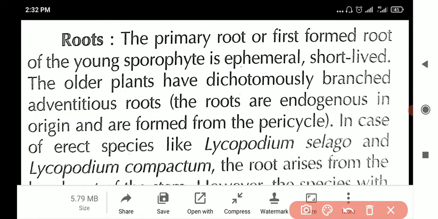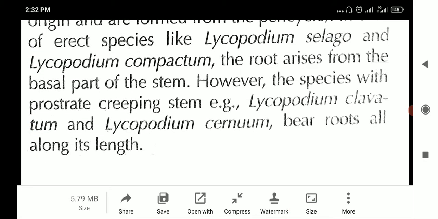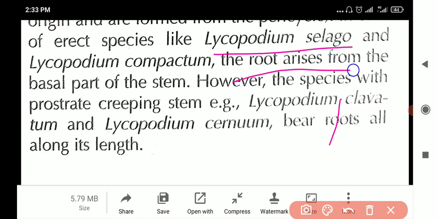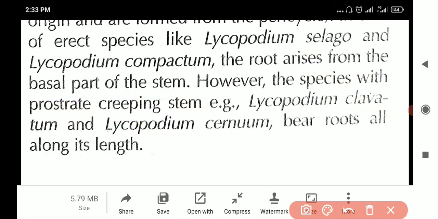Okay, so in the case of erect species like Lycopodium selago, just one example is enough, the root arises from the basal part of the stem. But in the species with the creeping stem, the roots appear all along its length. In the other image we had seen, remember that one? This is the selago, the root came from the base.